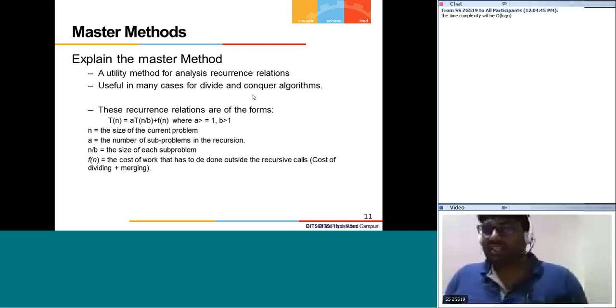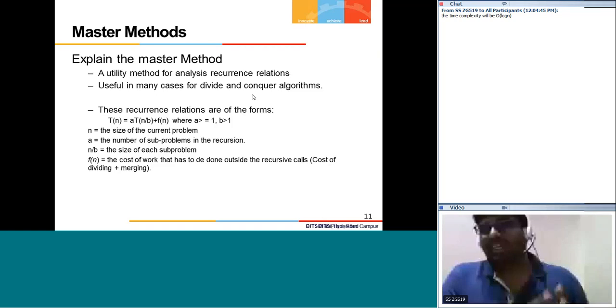let's just discuss the master theorem. Whenever you have a recursion based function, trying to solve recursion based functions by substitution is a hectic task. So what people have done is they have developed a method called the master theorem method, where we focus on functions of a particular format.